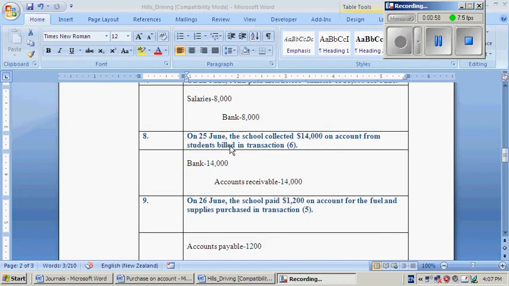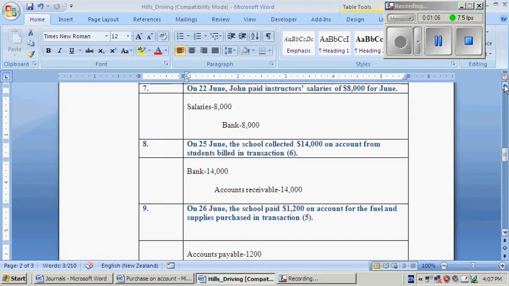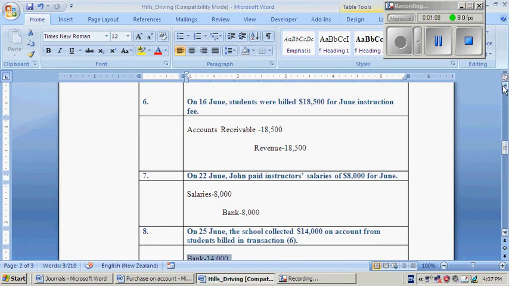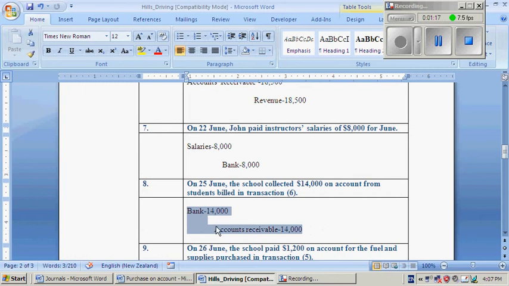But over here, this one is a little bit tricky. On 25th June, the school collected $14,000 on account from the student bill in transaction 6. So go to transaction 6. What happens? In transaction 6, we can see they make money. I mean, the firm sells something to the customer on credit. But in transaction 8 on 25th June, they collected some money from their customers.